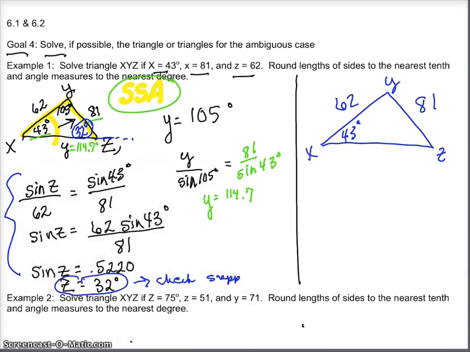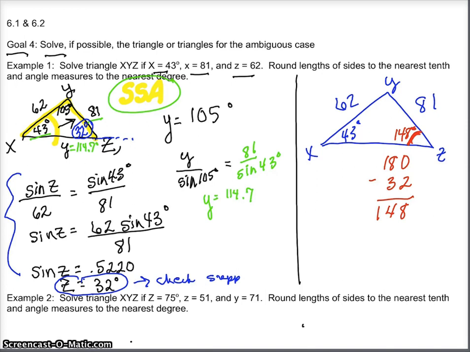So my angle Z should be the supplement of 32. So 180 minus 32 is 148 degrees.